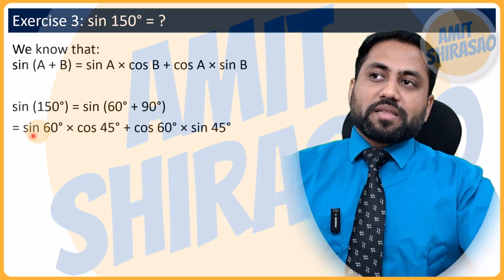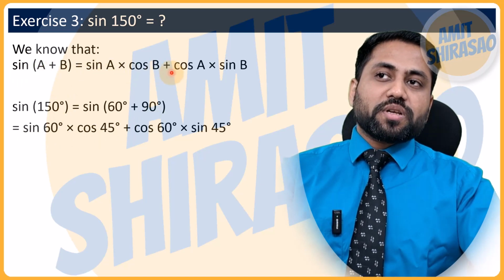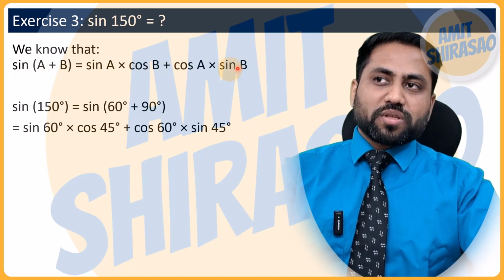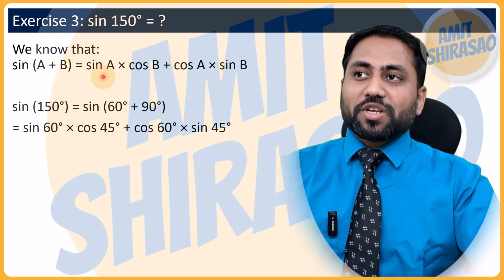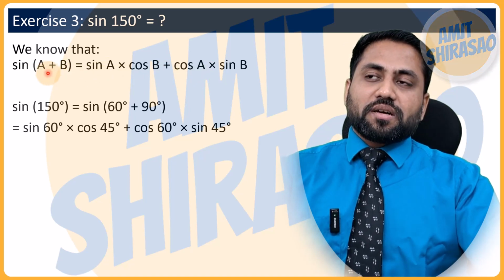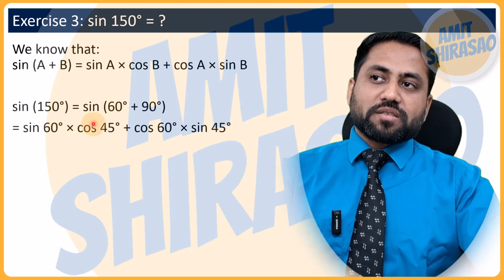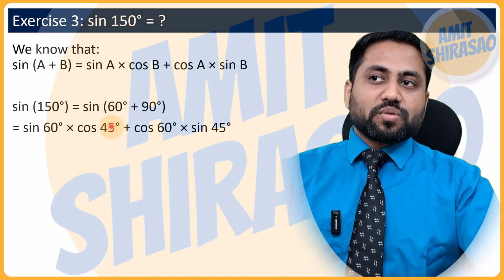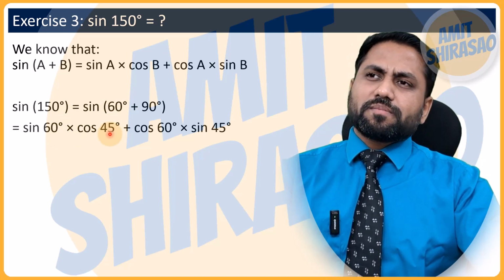Then you know that sine of a plus b is equal to sine a into cos b plus cos a into sine b. This is one more formula. I should have mentioned that formula as well. So this is a very important formula. Remember that. So here just use that formula, and you'll get sine 60 degrees into cos 90 degrees.